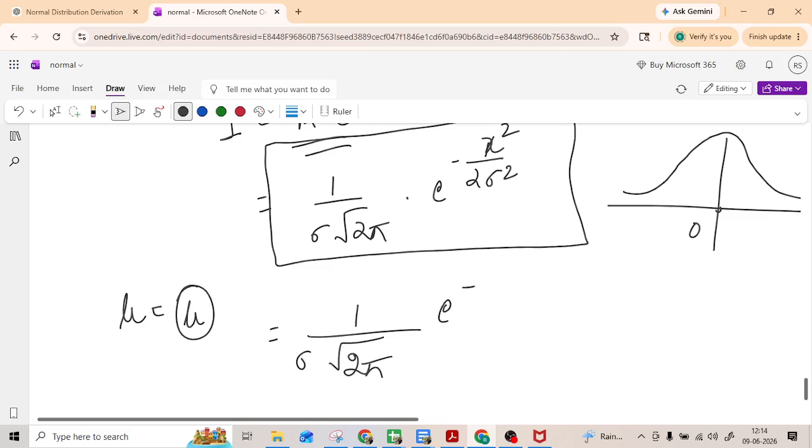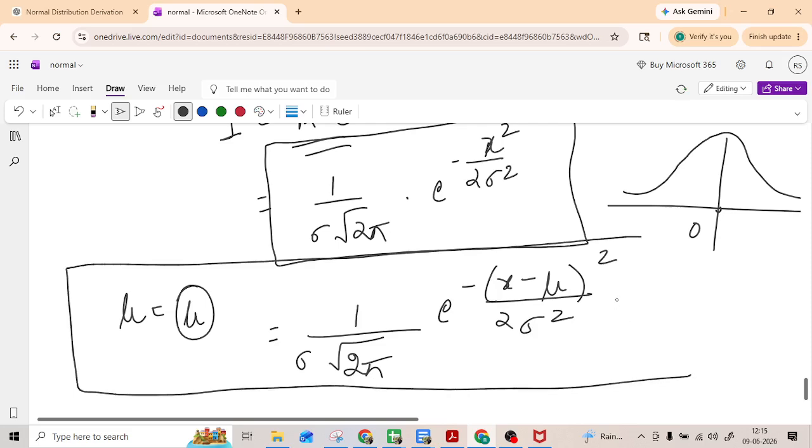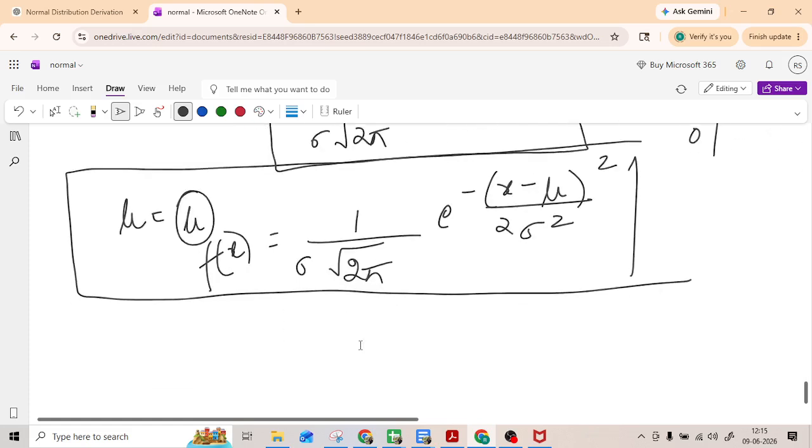Instead of x we would have x minus mu, because we have shifted the coordinate system by mu, such that eventually the mean becomes 0. So it is e raised to minus x minus mu whole square by 2 sigma square, and this is how we arrive at the PDF of any normal function which has the mean mu and variance sigma square.